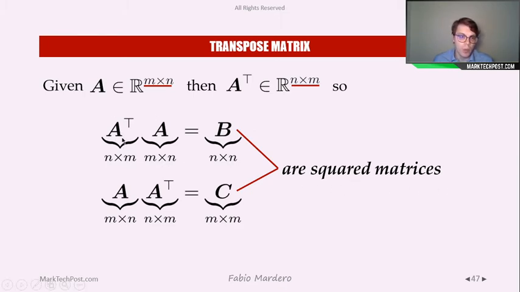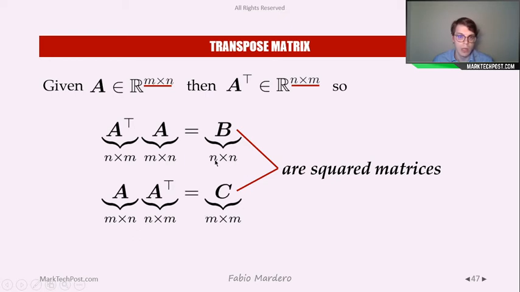In this case, we can multiply the transpose with the original matrix, or do the inverse, so the original matrix multiplied by the transpose matrix. The dimensions of the results are completely different.